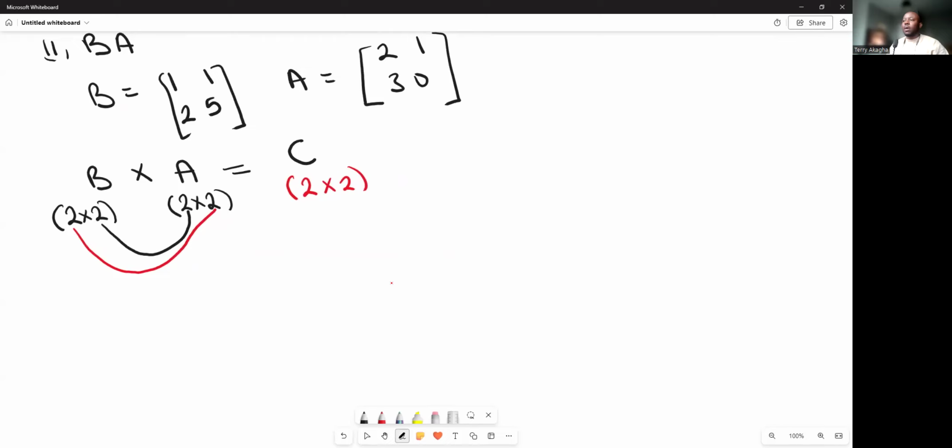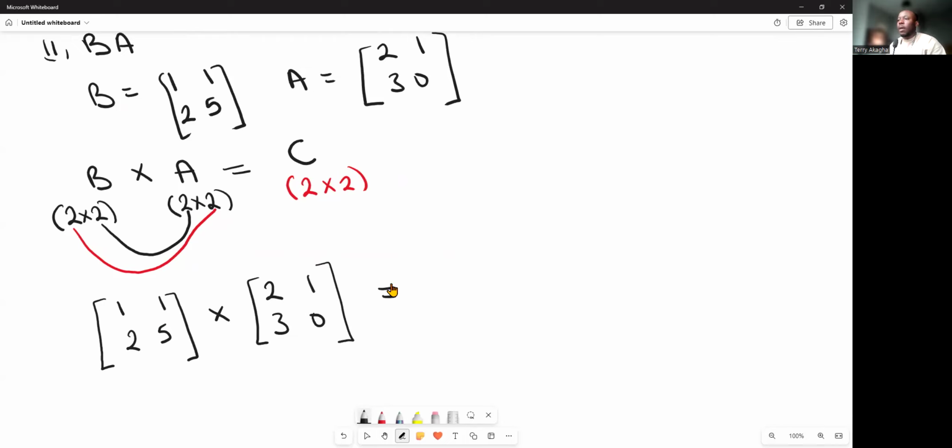So we have B. So B here, we have it as 1, 1, 2, 5 multiplied by A. The A we have here is 2, 1, 3, 0. Okay. And you want to multiply. So the same thing is going to open the bracket. The row is going to multiply the column here.